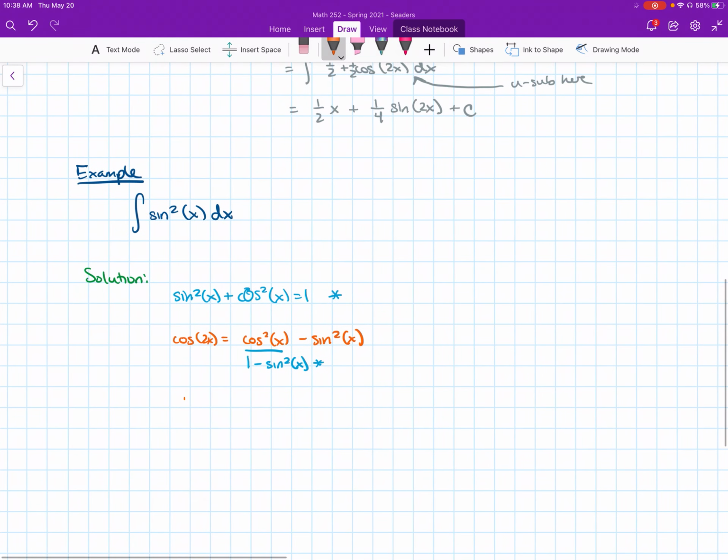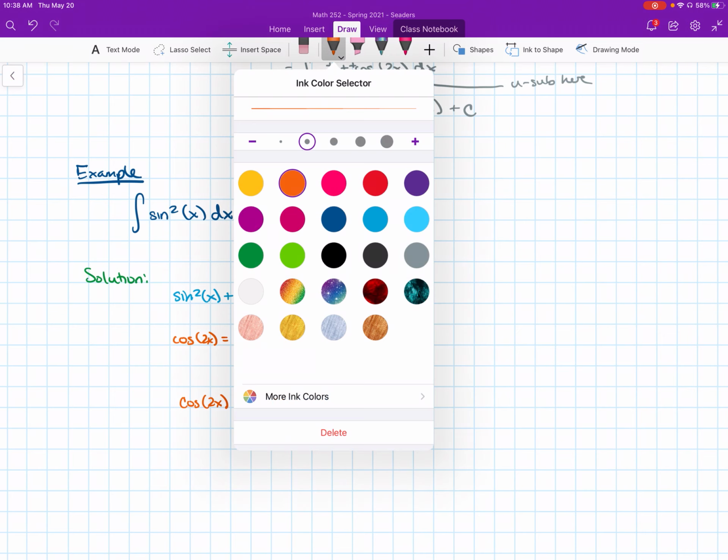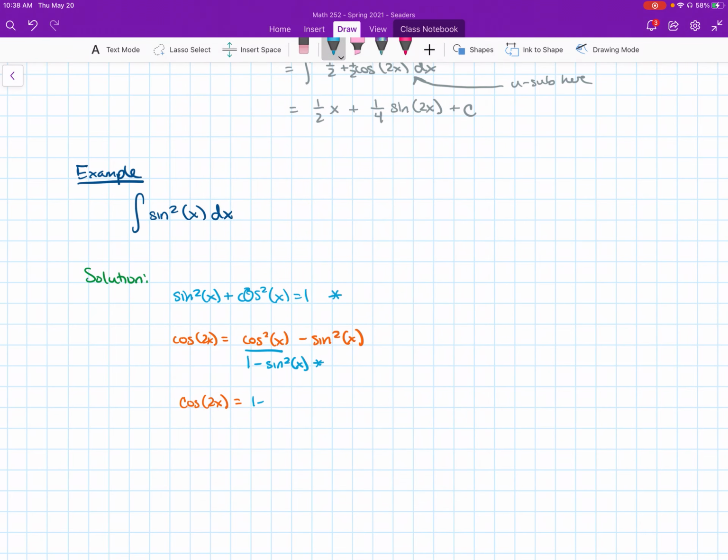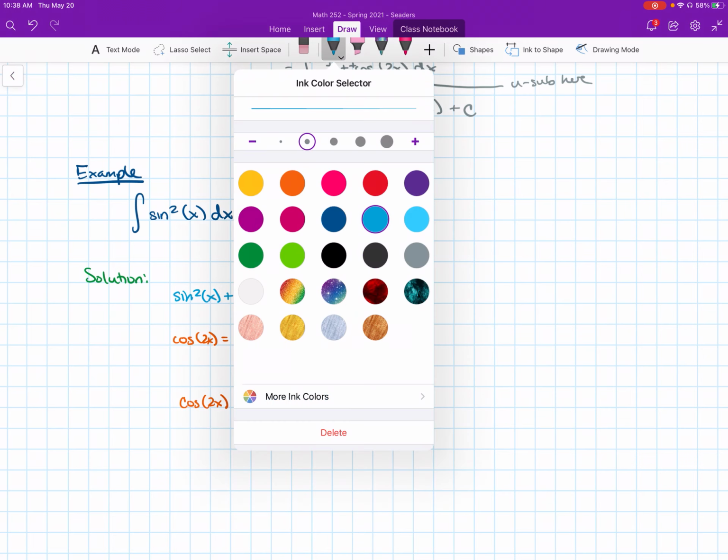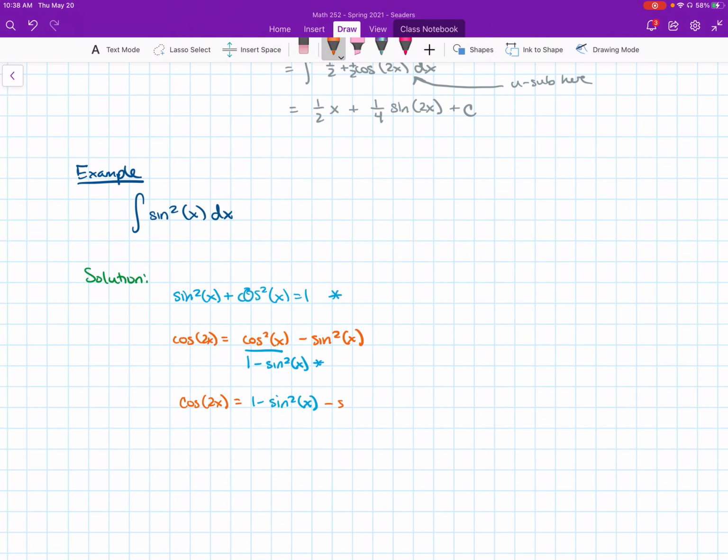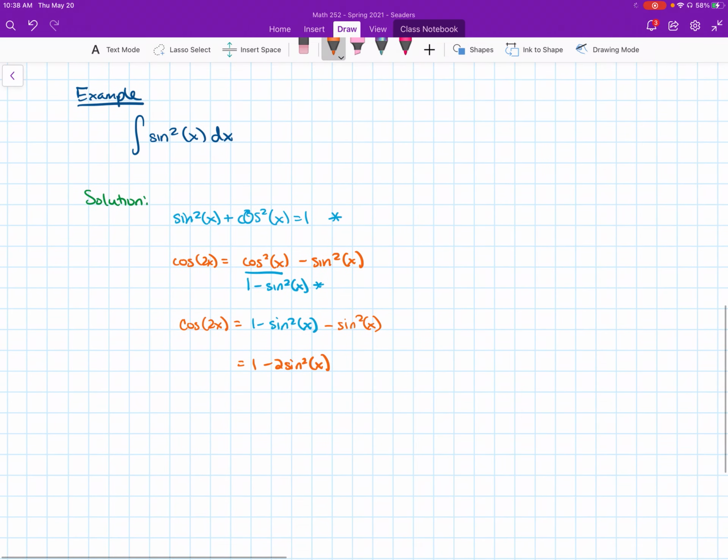So now cosine of 2x is the same as 1 minus sine squared of x minus a second sine squared of x. So that's 1 minus 2 sine squared of x. And this time I will solve for sine squared of x so that I can replace it in my integral.